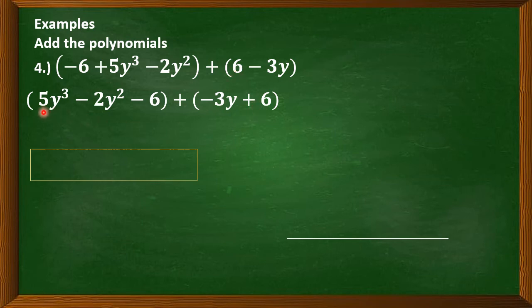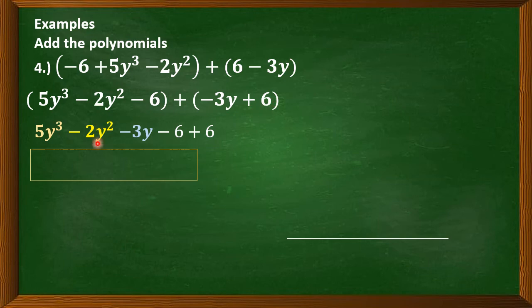So, remember, combine only the terms that are similar. 5y cubed, there is no term on the other addend with y cubed as the literal coefficient. So, meaning, we have only to copy 5y cubed. Negative 2y squared, there is also no term that has y squared as the literal coefficient.